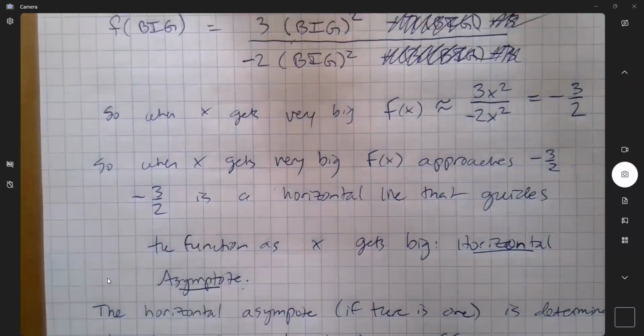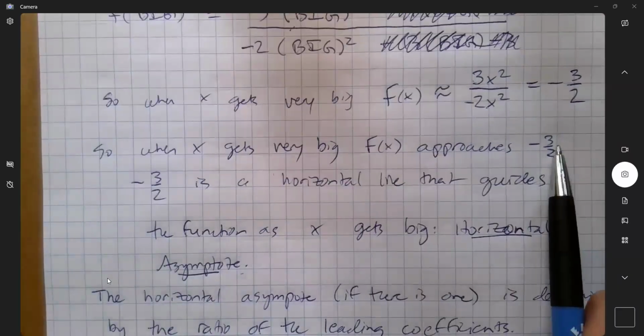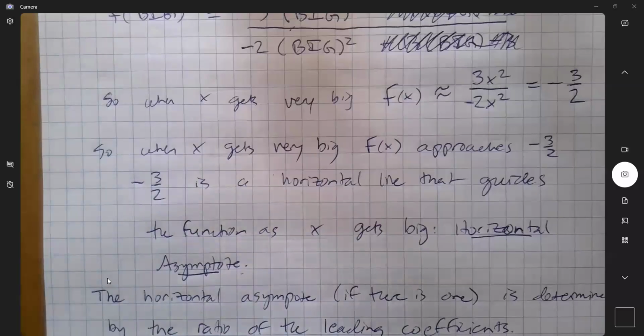The leading coefficients in my function are 3 and -2, and so the horizontal asymptote is -3/2. That takes care of end behavior.